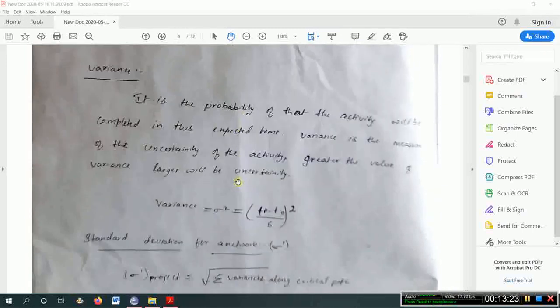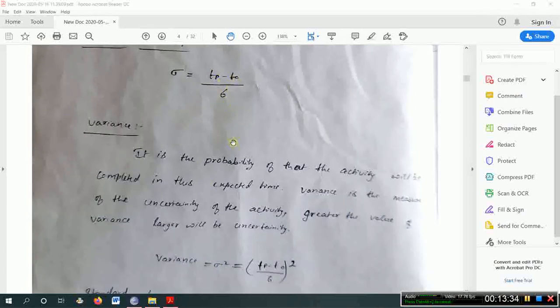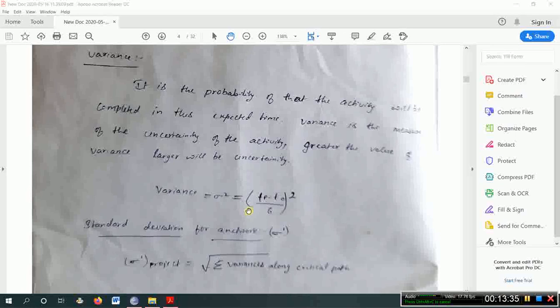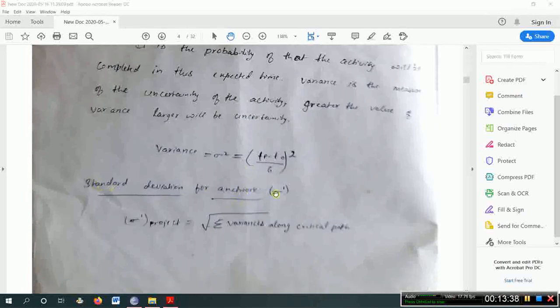Variance is the uncertainty happening in the working environment. Variance is equal to sigma square, that is, (Tp minus T0) by 6, whole square. And the standard deviation sigma dash is equal to the square root of the summation of variances along the critical path.